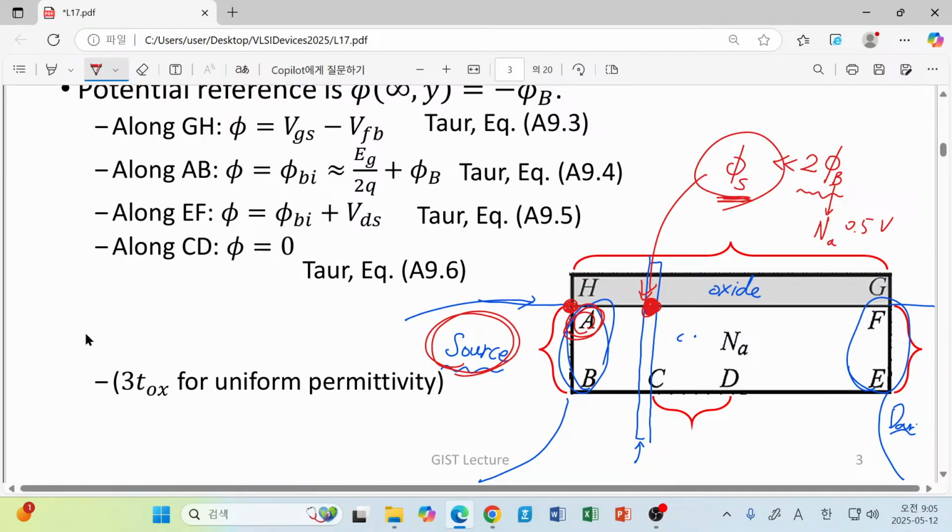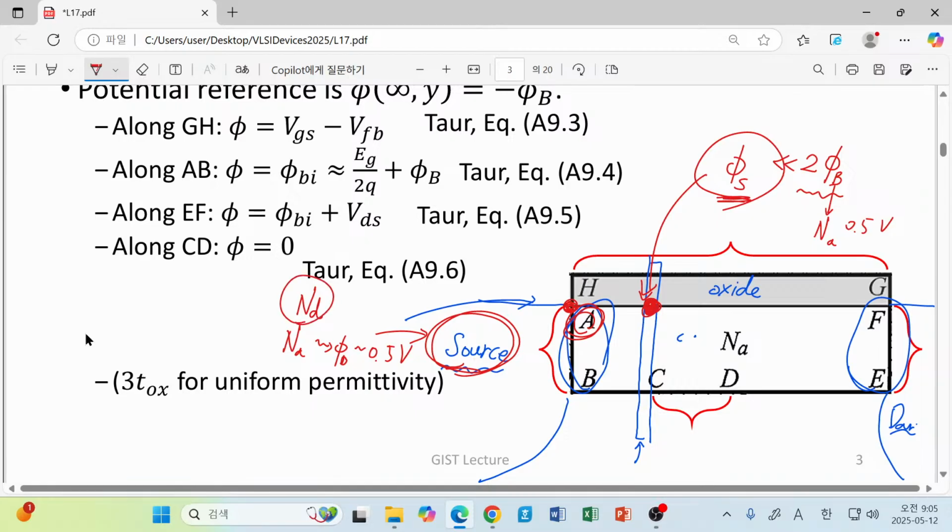However, please think about the boundary condition for our source side. In this case, which one decides the potential? It is determined by ND, the donor density on the source side, and NA. Of course this corresponds to phi b, which is more or less around 0.5 volt or slightly lower.